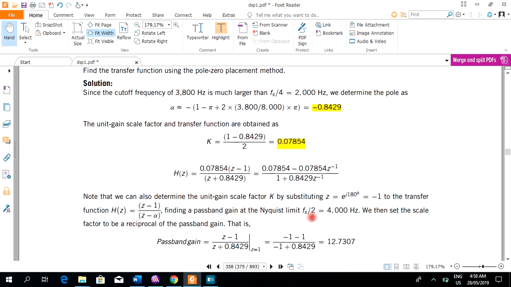Then substituting these values in H of z, the formula for the high pass filter, which is K into z minus 1 over z minus alpha, we will get the desired filter transfer function.